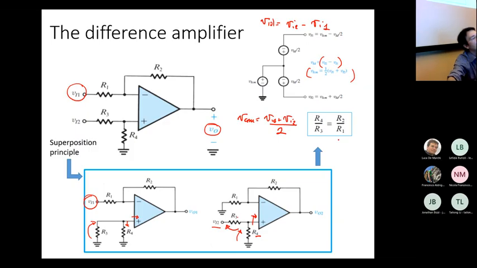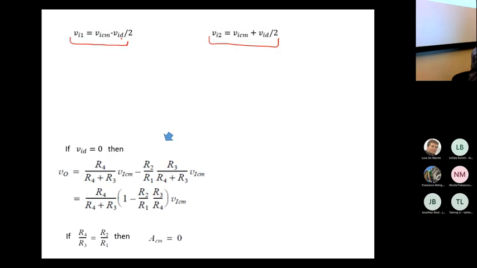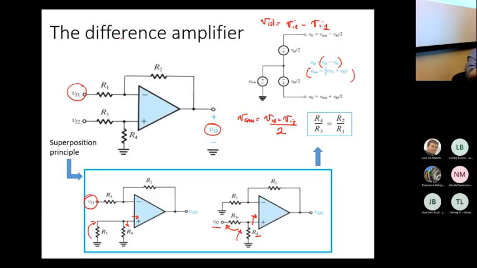Okay, so in these circumstances, we can compute the input-output relationship as shown here. So basically, we flip the former relations, and we can say that VI1 is common mode minus VID divided by 2, by inverting this equation.